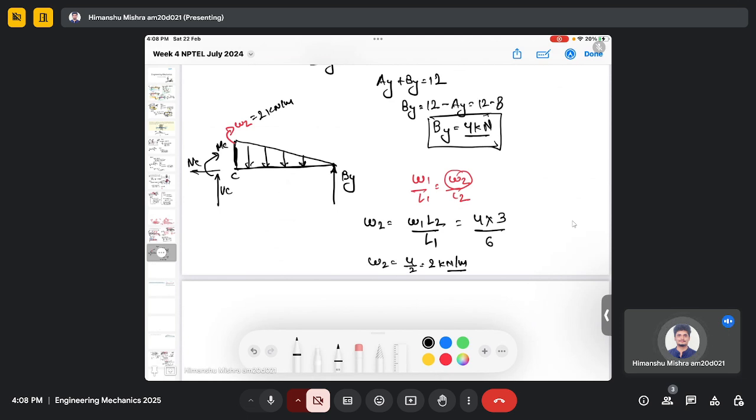So now we can find the equivalent point load and we can also find the distance. So here this is 3 meter and its equivalent point load is somewhere here, which is 1 meter here and 2 meter here.